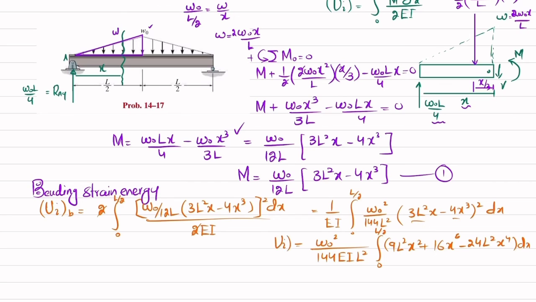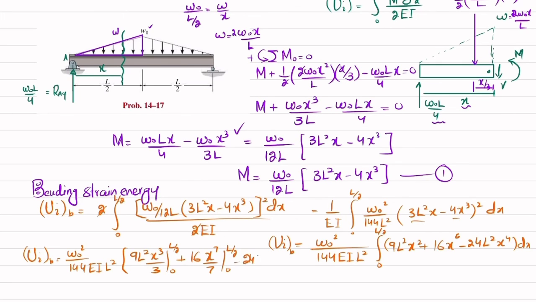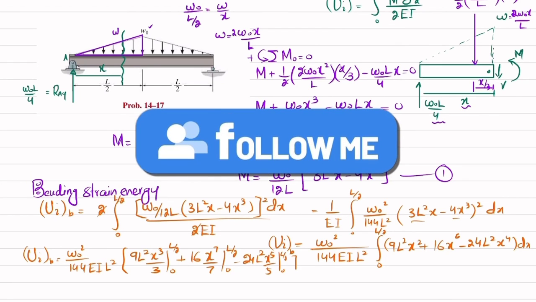So U due to bending will be W naught square over 144 EI L square, and the integral will give you 9L square x cube over 3, limit from 0 to L by 2, plus 16 x power 7 divided by 7, limit from 0 to L by 2, and minus 24 L square x to the power 5 divided by 5, with limit from 0 to L by 2.